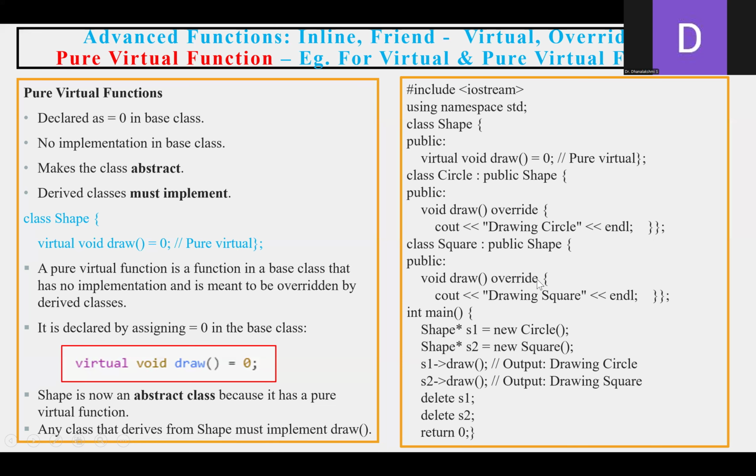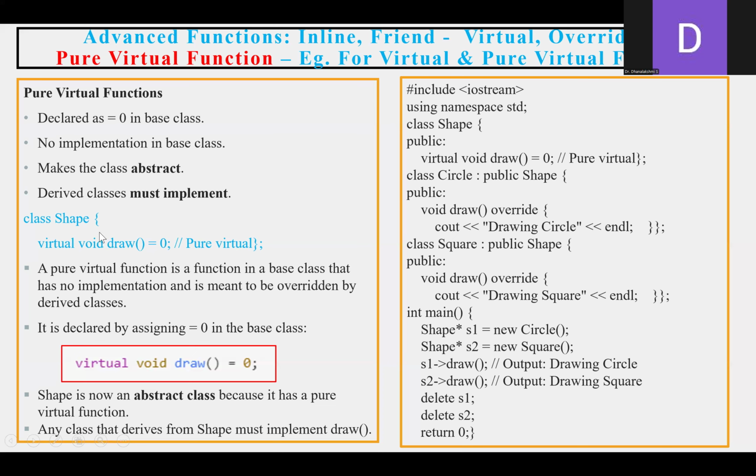Okay, I have written code here for this. Let us take the same example of the class shape, and see how it is done using pure virtual functions. I start by including the iostream header and using the standard namespace for input and output as usual. Next, I define an abstract class named shape.